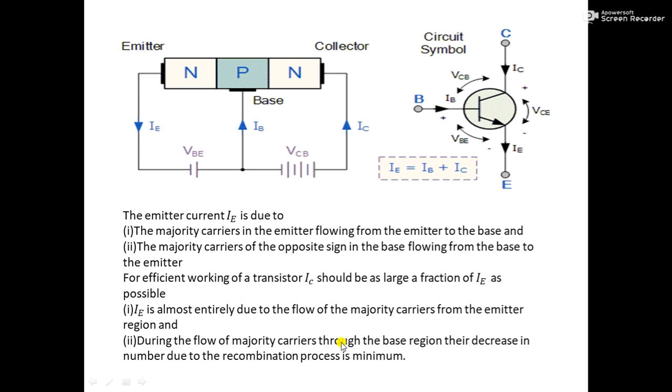During the flow of majority carriers through the base region, their decrease in number due to the recombination process should be minimum. These conditions are accomplished when the emitter region is heavily doped and the base region is lightly doped and very thin.